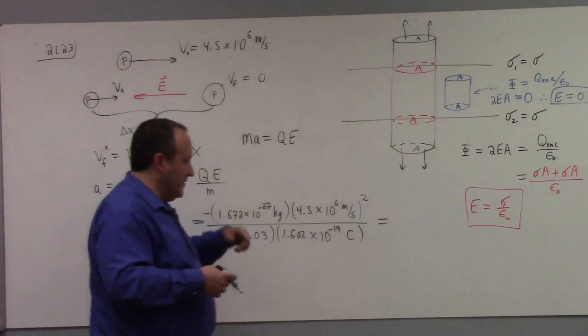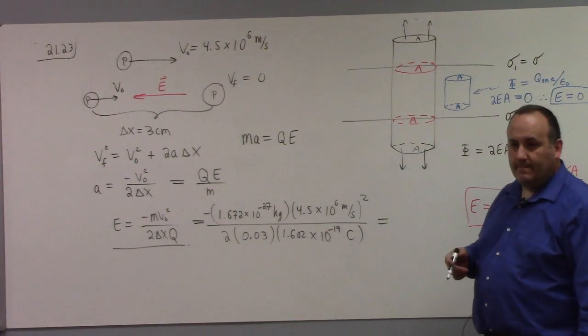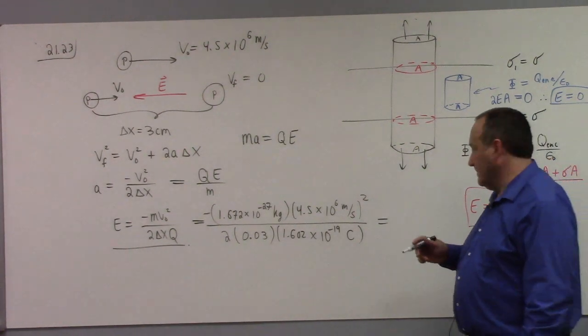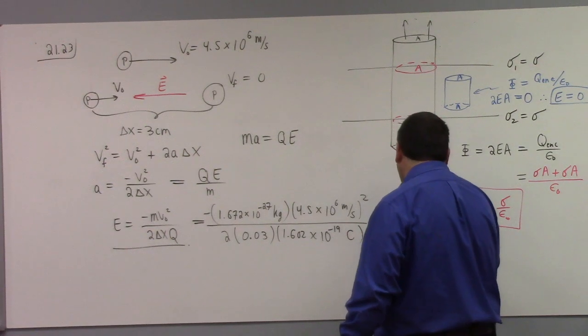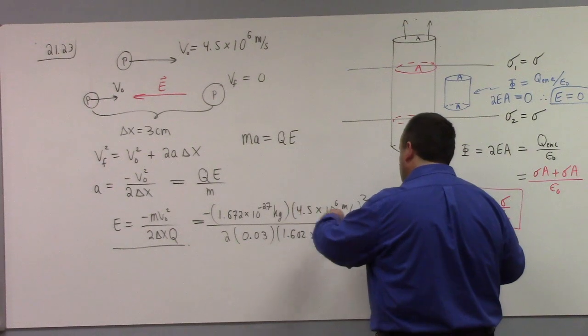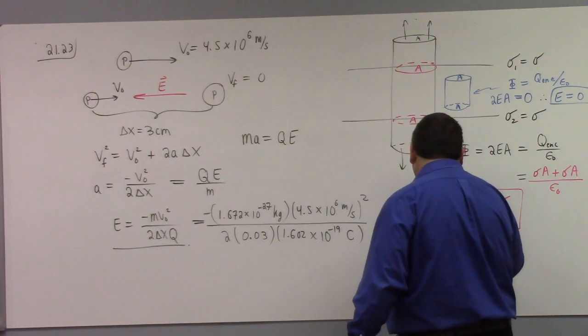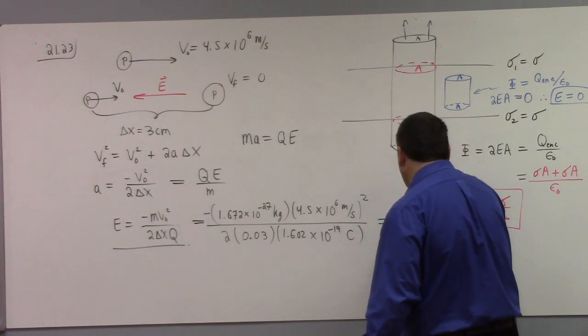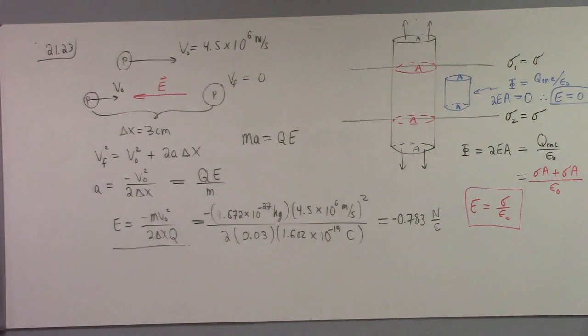Did you guys figure it out for me? 0.783. And the units are kilogram meters squared per second squared divided by C, which is also known as a Newton per Coulomb. And there's a minus here, right? So the magnitude is about 0.783 newtons per Coulomb.